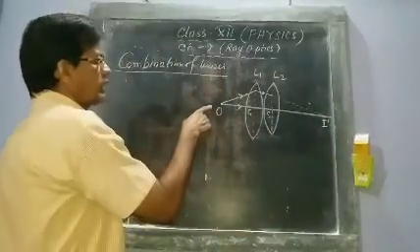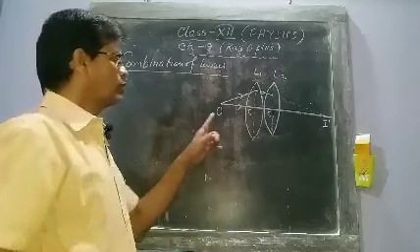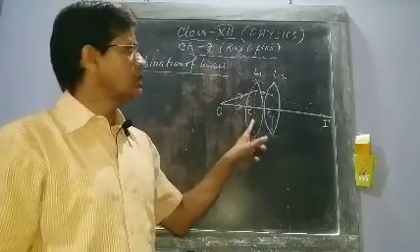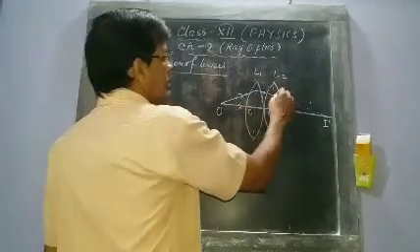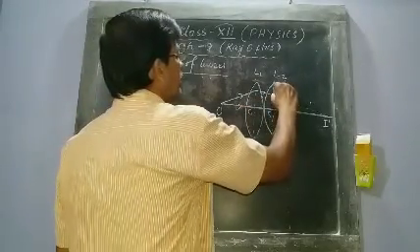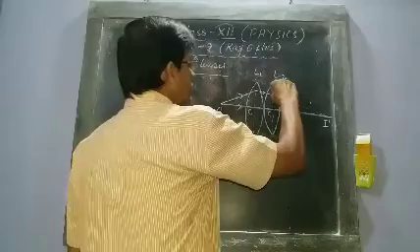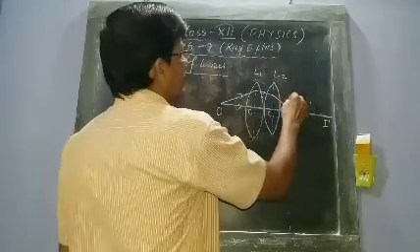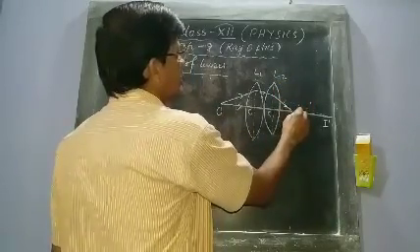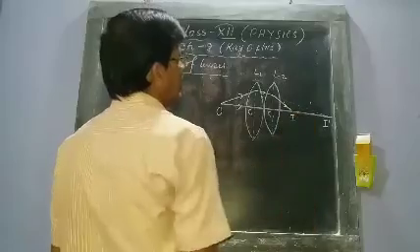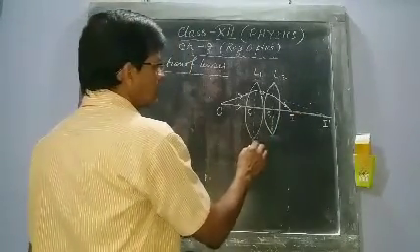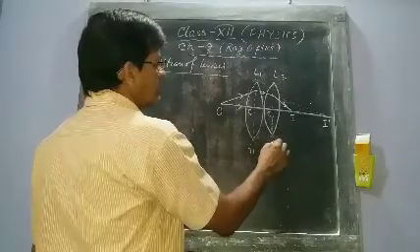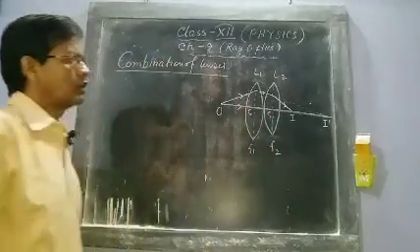So the image of the object O for the first lens is I dash. But due to the second lens, it will bend again, and due to which the image is formed at this point. Suppose its focal length is f1 and the other's focal length is f2.